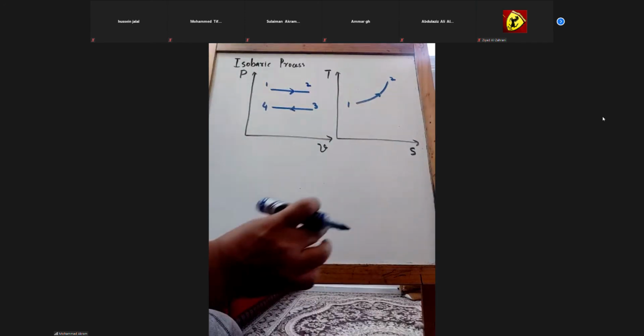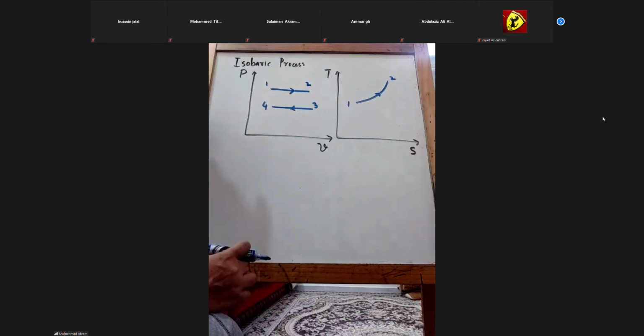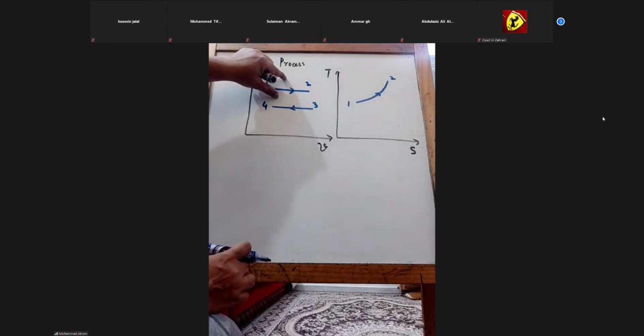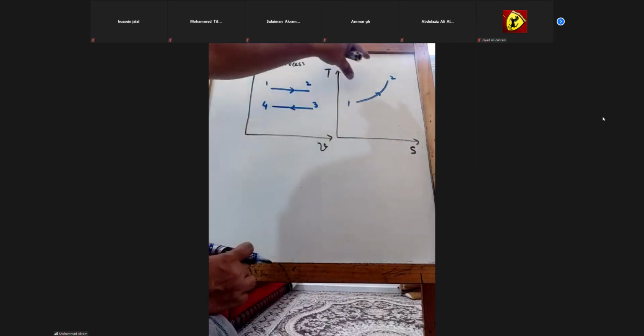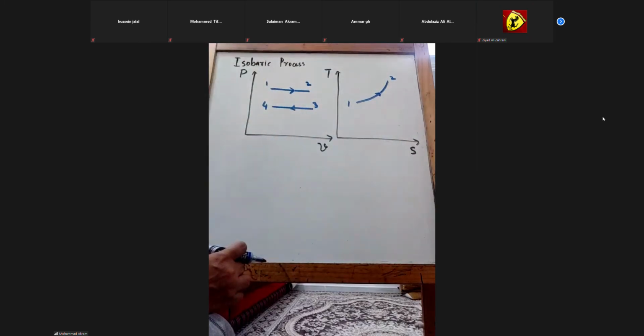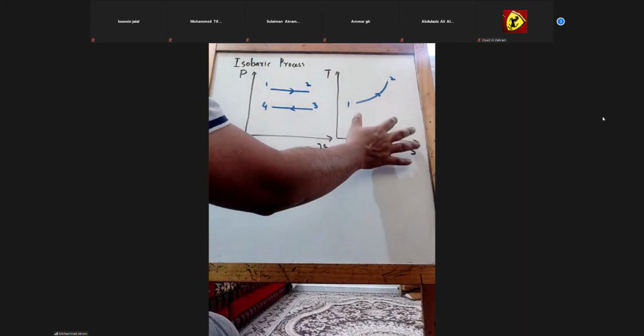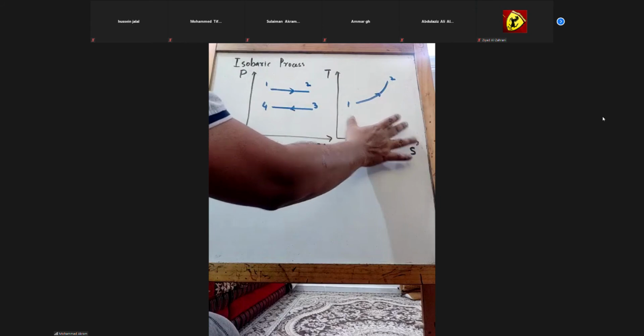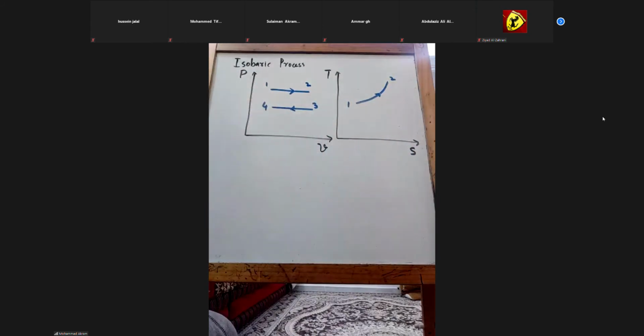Okay. Remember one formula. A straight line, whether horizontal or vertical, on a PV diagram is a curve on a TS diagram. And a straight line on a TS diagram is a curved line on the PV diagram.